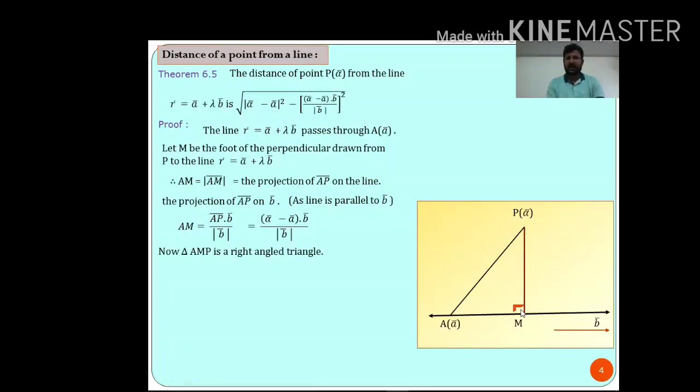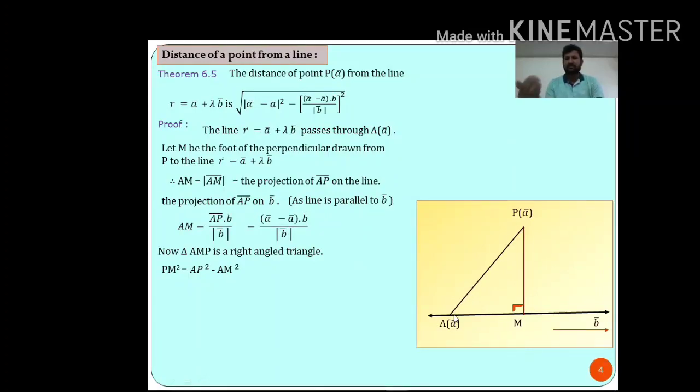So for this right angle triangle AMP, PM square equals AP square minus AM square. The length of AP is obtained from the vector alpha bar minus A bar by taking its magnitude, and the length of AM is obtained using the projection formula.